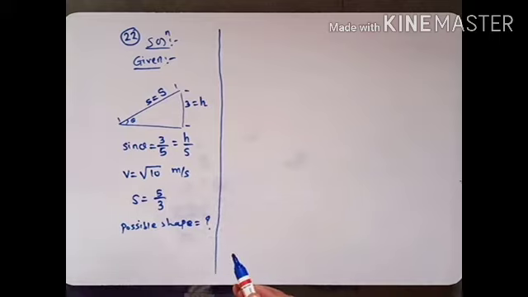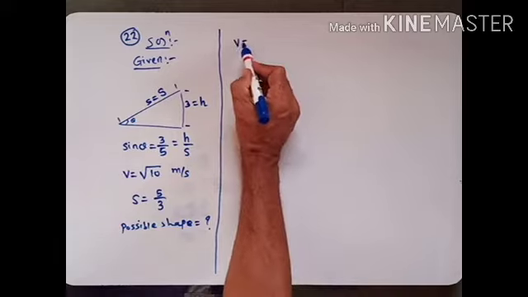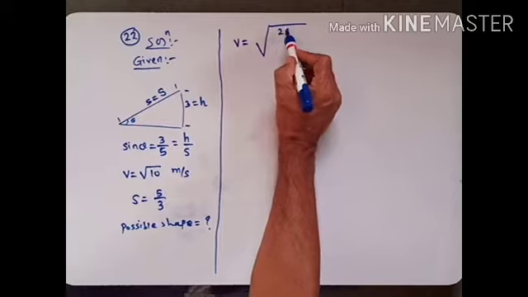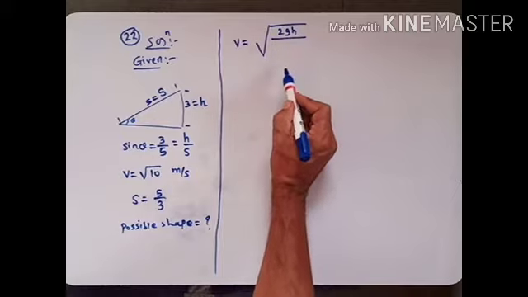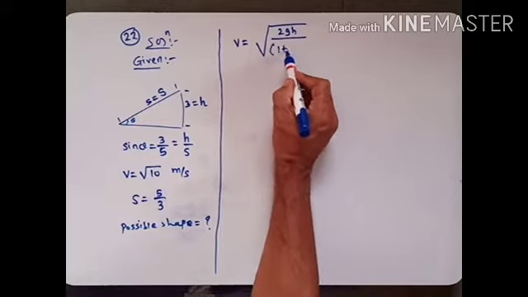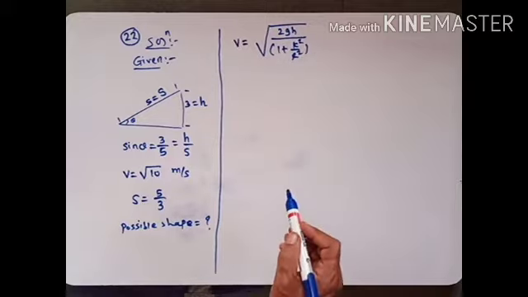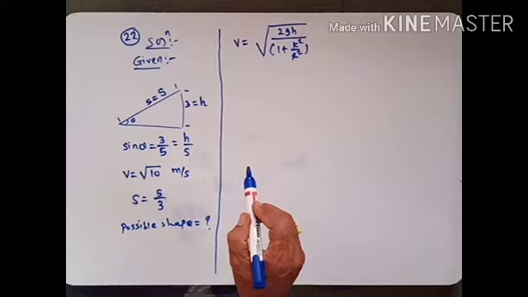We know this relation. Whenever a body travels along an incline, we know the relation v equal to root 2gh upon 1 plus k square upon r square. Now we put the values here.